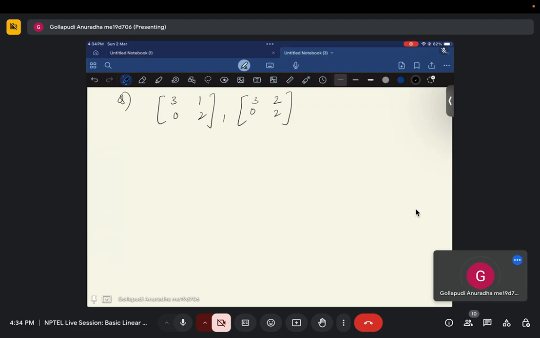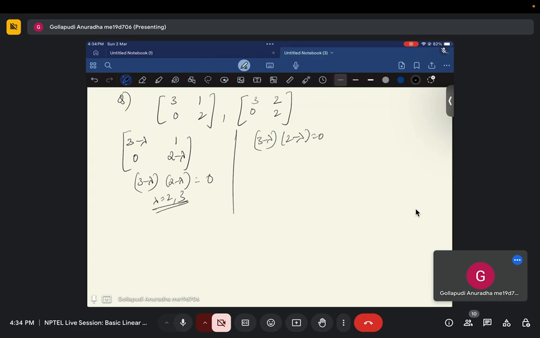Eigenvalues are 3 and 2 because it is an upper triangular matrix, so there is no need to find the eigenvalues; the diagonal elements are the eigenvalues. So you are getting the same eigenvalues with the same multiplicity, and here also it's going to be the same. So you can say that both are similar.